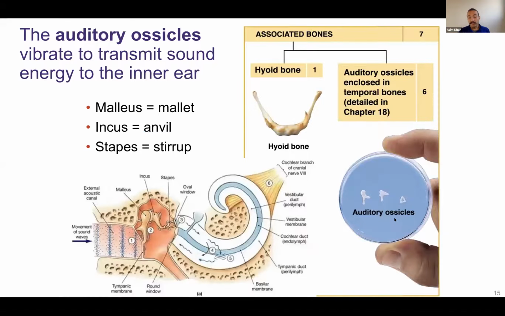The auditory ossicles are tiny, your smallest bones. Your auditory ossicles are your smallest bones in your body. They help you hear. The way they do this, if you can imagine your ear is over here. So this would be your right ear.